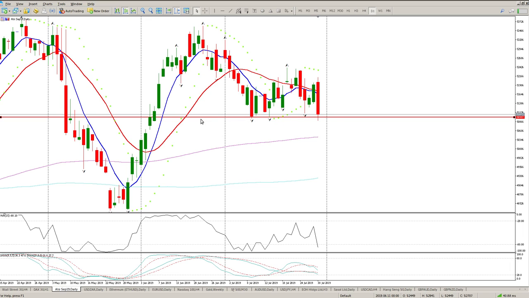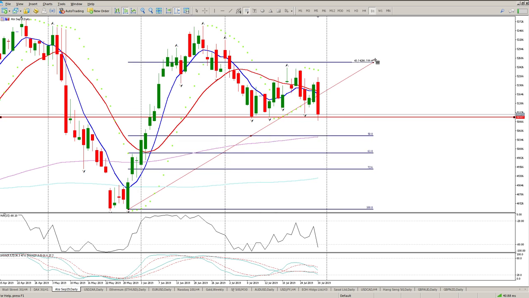If this level gives today and we get a daily close below that, I definitely expect us to move to the downside, pick up some of these gaps here, and even possible to move all the way down to the bottom. But do keep an eye on the Fibonacci extension.